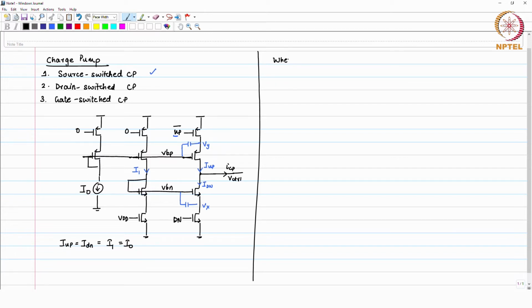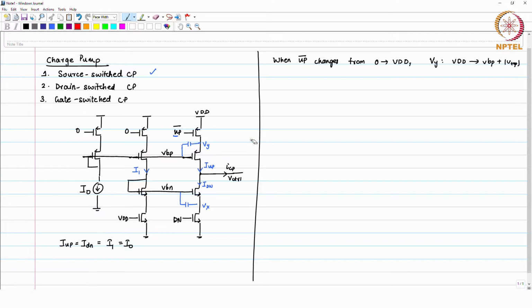When up bar changes from 0 to VDD, during that time your Vy signal changes from close to VDD to VBP plus mod VTP.